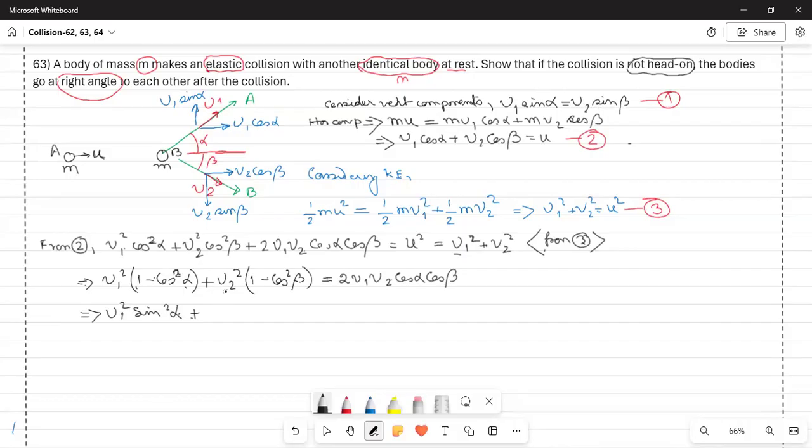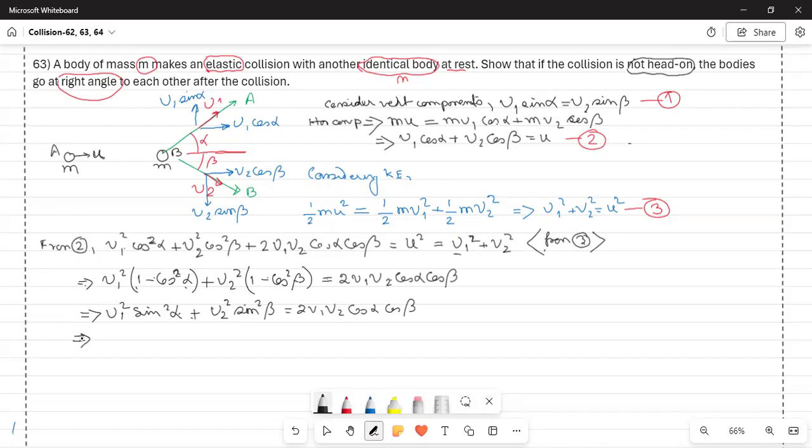I write this instead of jumping the step, v2 square sin square beta is equal to v2 cos alpha cos beta.